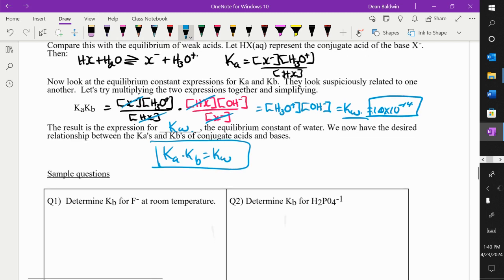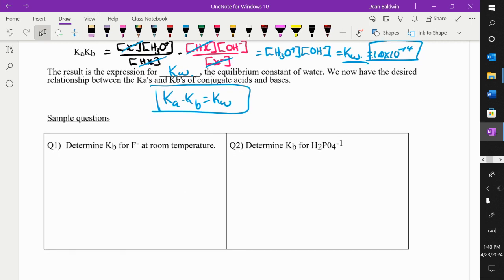Now it's just a math problem. So determine the Kb for F minus at room temperature. So F minus, we throw it in some water. You're not actually throwing F minus into water. It'd be like sodium fluoride that you throw into water, but sodium's a spectator ion, so we just ignore it. If I throw that into water, it receives a proton.